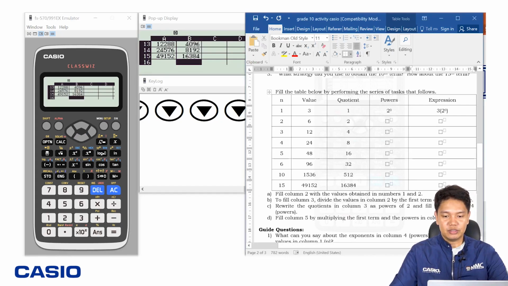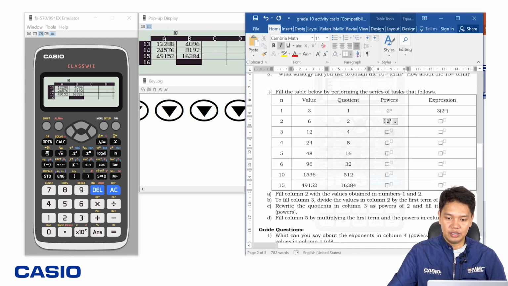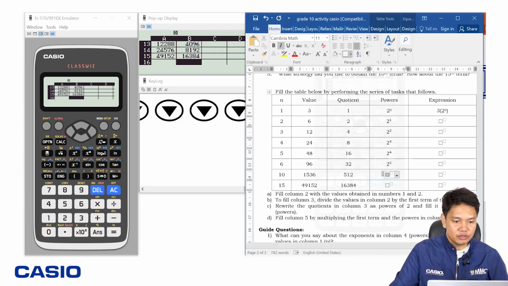Getting the prime factors of our quotient, or having written the quotient with base 2 with an exponent, we have, of course, 1 can be written as 2 raised to 0 and 2 can be written as 2 raised to 1. We all know that 1 as an exponent will not be written, but just for the sake of observation, let's have it as 1. And then 4 is also 2 squared, 8 is 2 cubed, 16 is 2 to the 4th, 32 is 2 to the 5th.